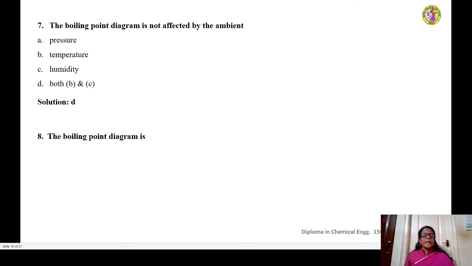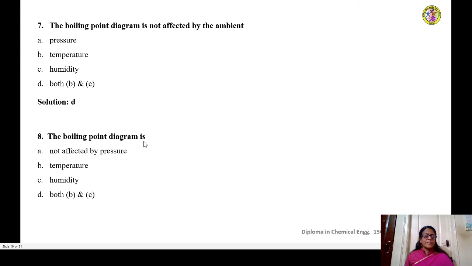The boiling point diagram is not affected by pressure, not affected by temperature, not affected by humidity, both B and C. This is again a question similar to question number 7. There is a slight mistake in the question actually.